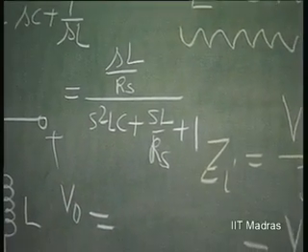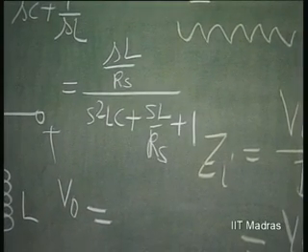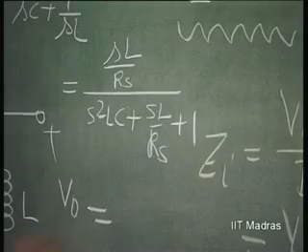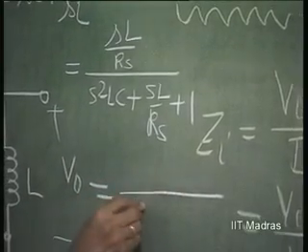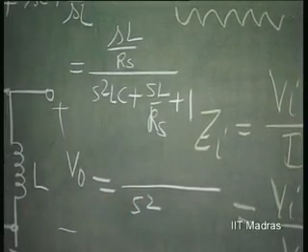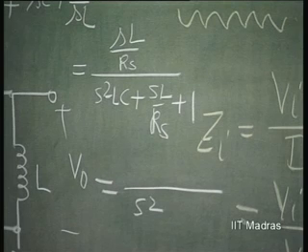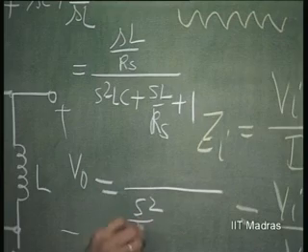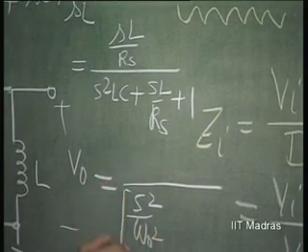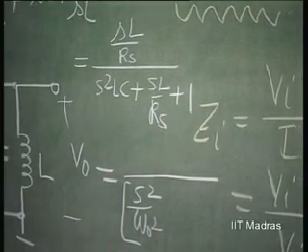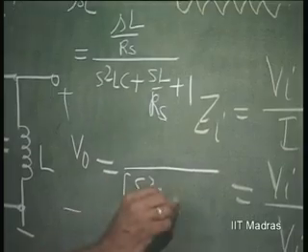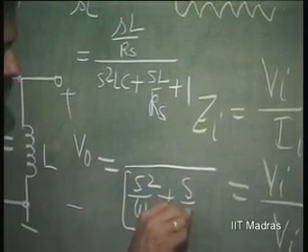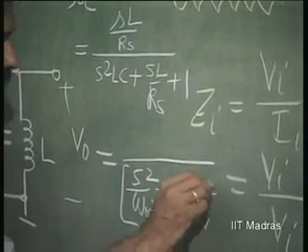Now, this is rewritten according to normalization, just as we did in the case of our KHN filter or universal active filter or state variable filter. This is put as S squared by omega naught squared plus S divided by omega naught into Q plus 1.